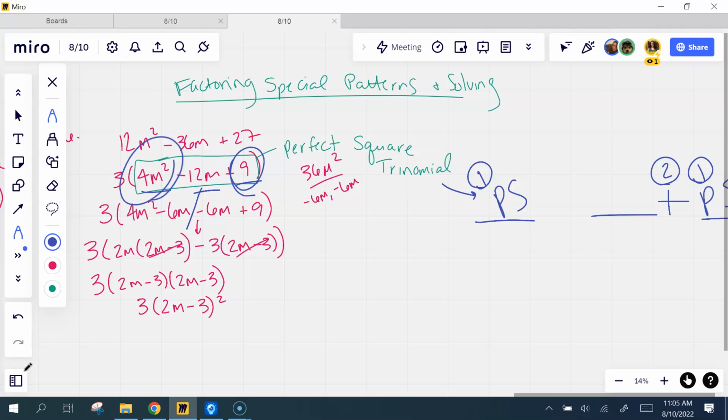25 times 4 is 100. That's a perfect square. 9 times 25, that's a perfect square.